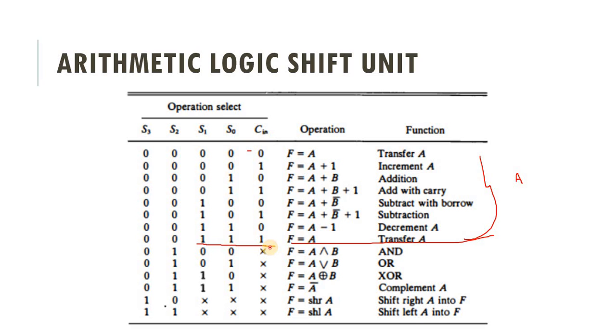After that the carry input is don't care. Why? Because no other operation requires a carry as an input. So up to here all the operations are arithmetic operations. Next, the carry input is a don't care.